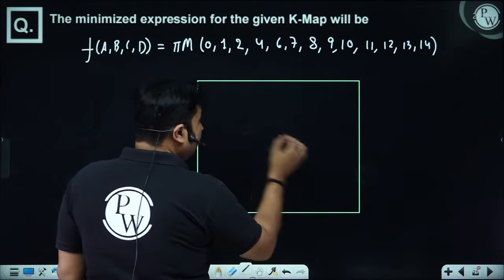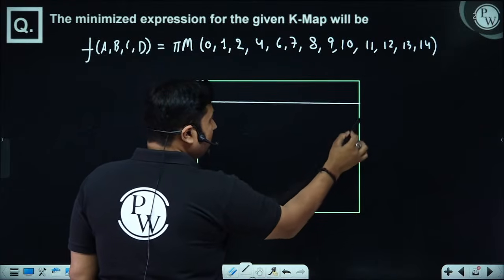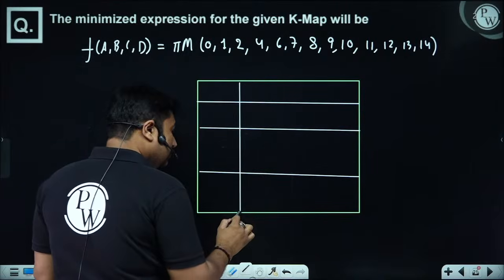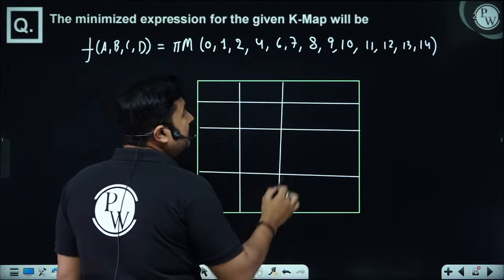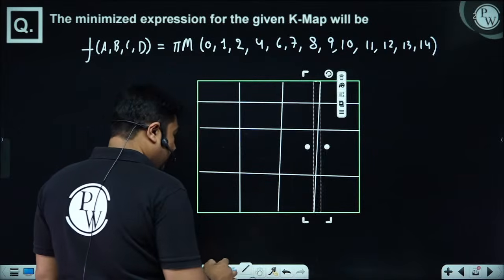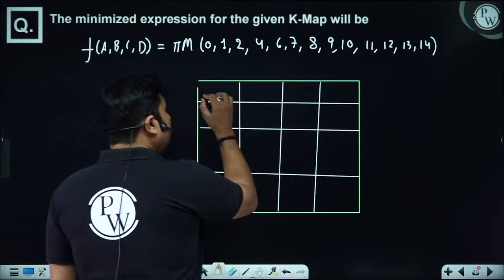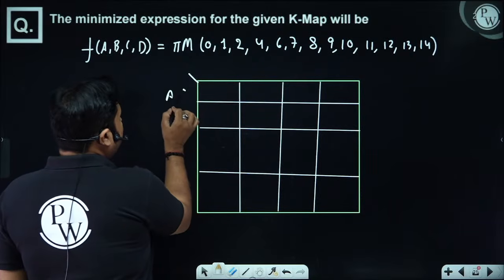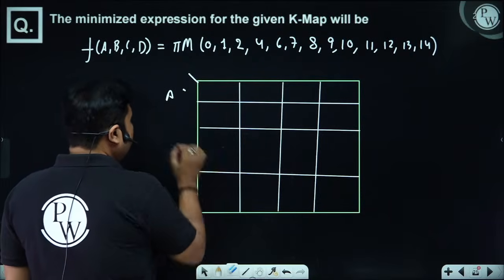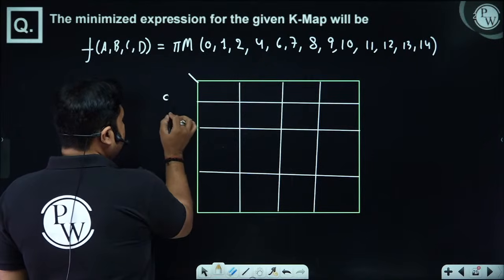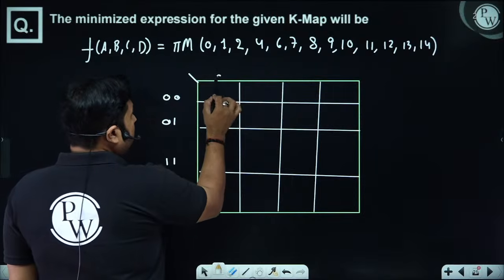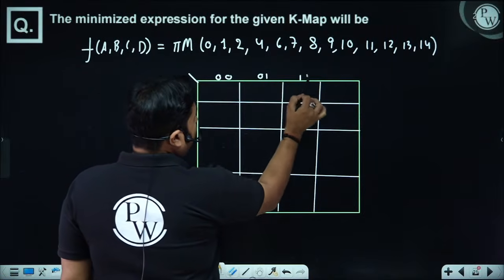But in POS as well, whenever you are solving, first of all you have to identify in the same way those groupings which contain at least one zero that is required to be part of the group, and which can be grouped in only one way. So we have A plus B, because it is 0 0. We can represent it like 0 0, 0 1, 1 1, 1 0, and 0 0, 0 1, 1 1, 1 0.